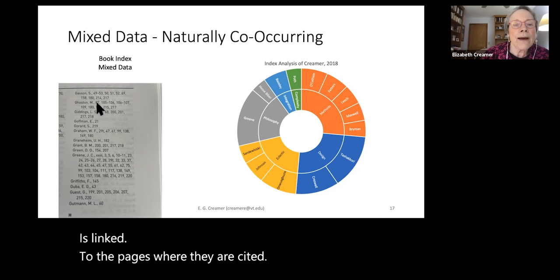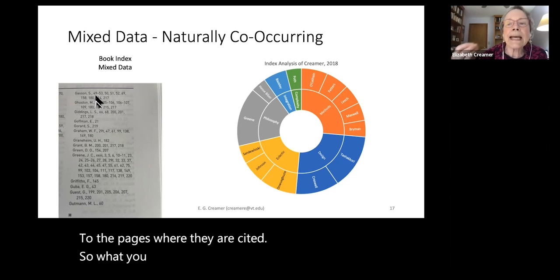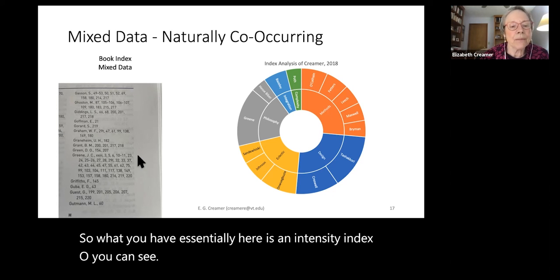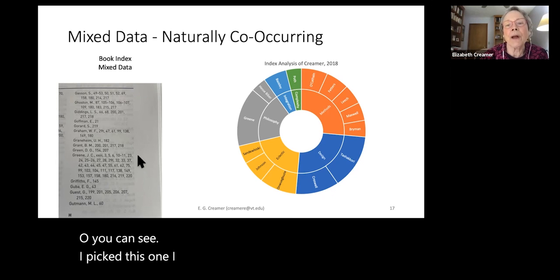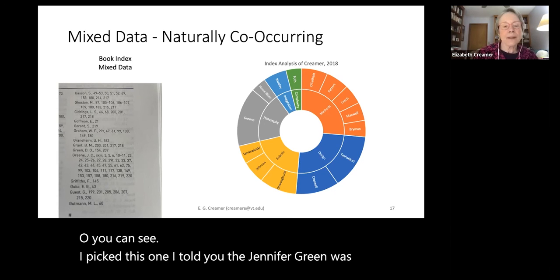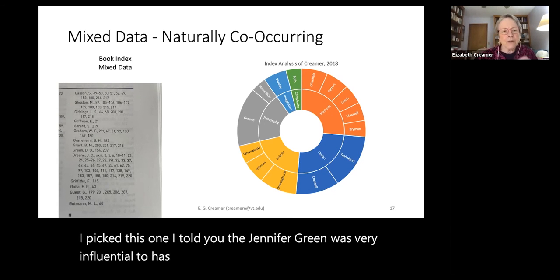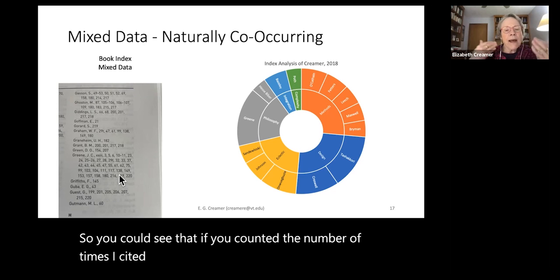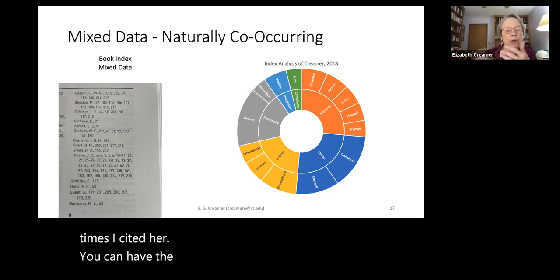So what you have essentially here is an intensity index. I told you that Jennifer Greene was very influential to me, her work has been very influential to me. So you could see that if you counted the number of times I cited her, you can have the weight, you can create a quantitative index of how much she influenced me.